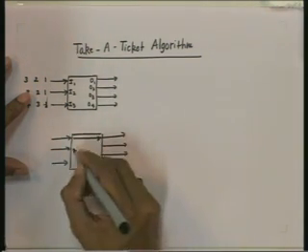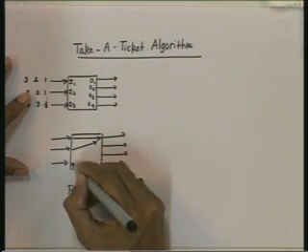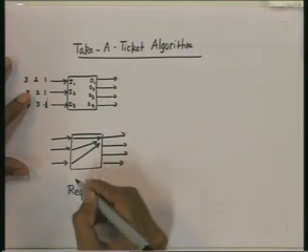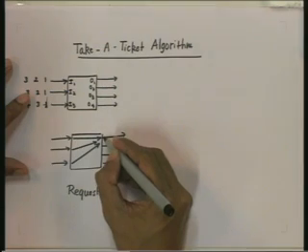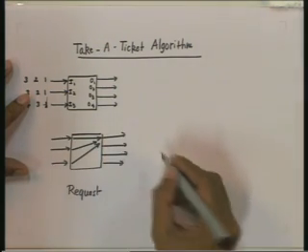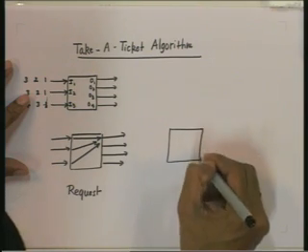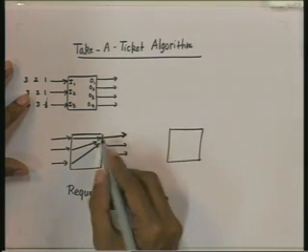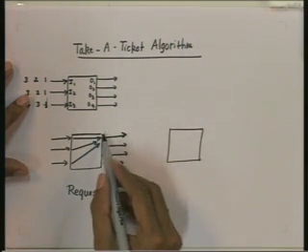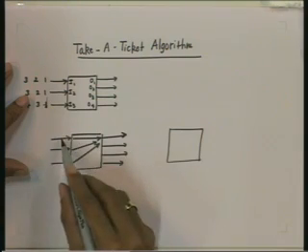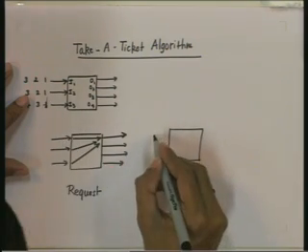Here is the request which is sent to output port 1. Now in the grant phase, output port 1 obviously can have only one input port, so it will grant to only one input port.